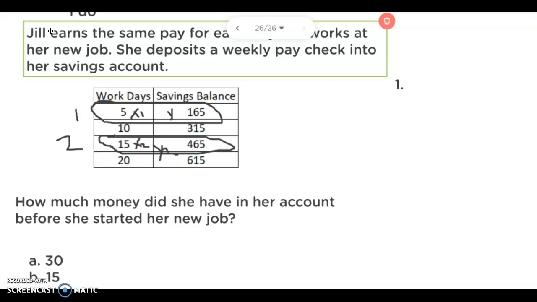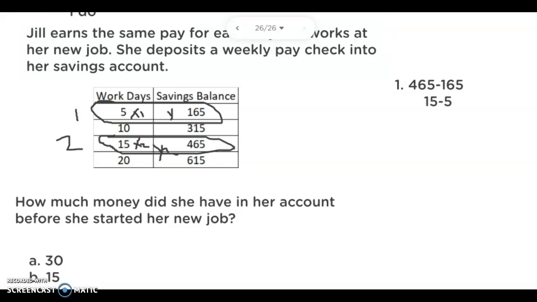All right, so we put it in the slope formula, which is y2 minus y1 over x2 minus x1. So we have that's going to be over 15 minus 5. And I'm not going to work this out manually. I'm going to use my calculator.